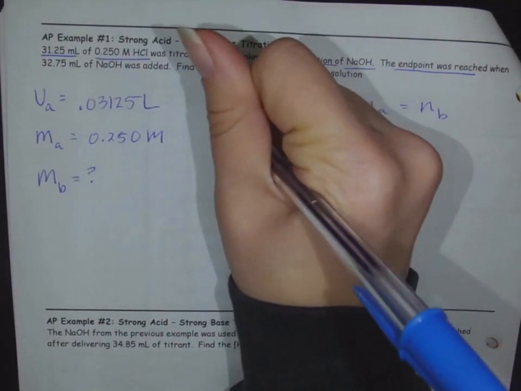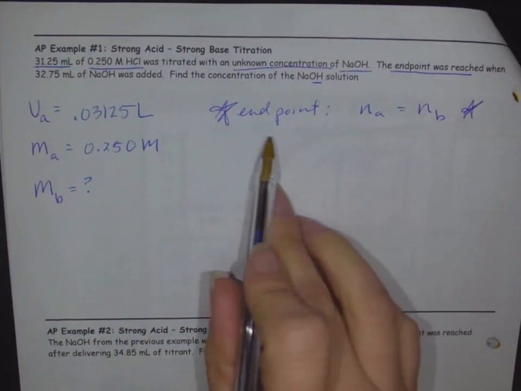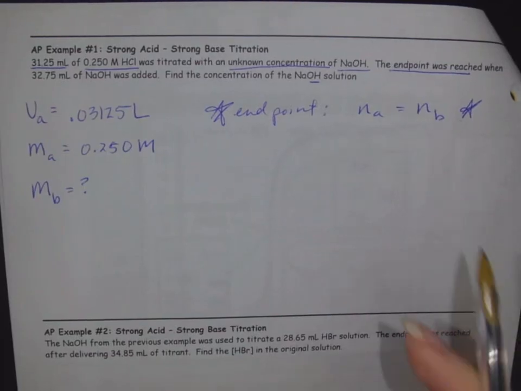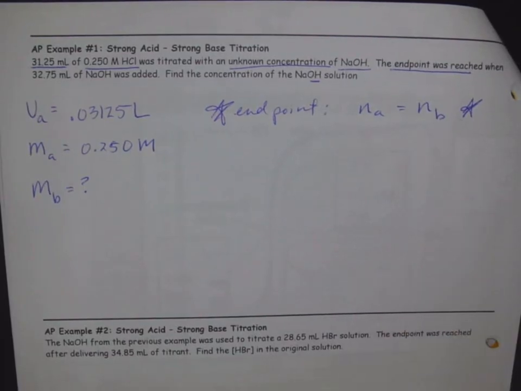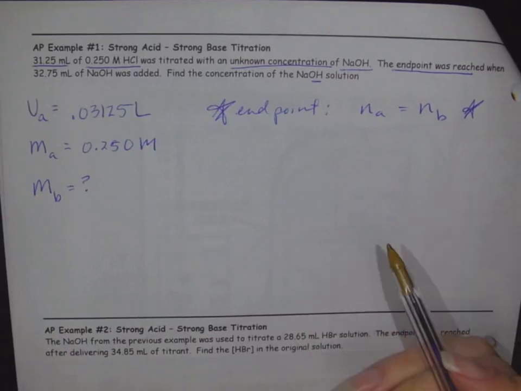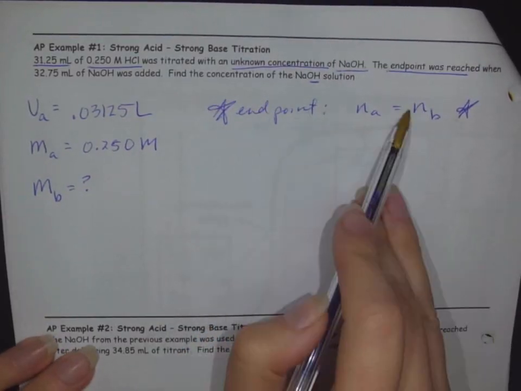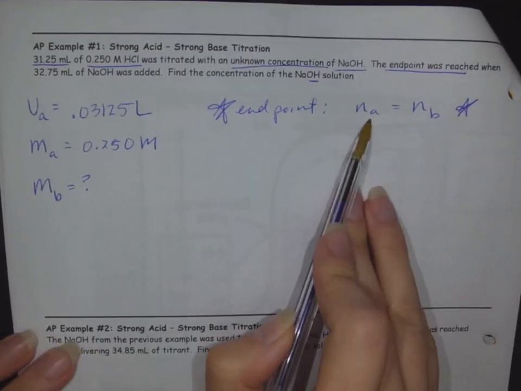And this is so important, people. I need you to write this down when you're doing a free response question. You can't just jump into MAVA equals MBVB. You need to justify why you're making that choice, and this is your justification right here. That's what you need to do.